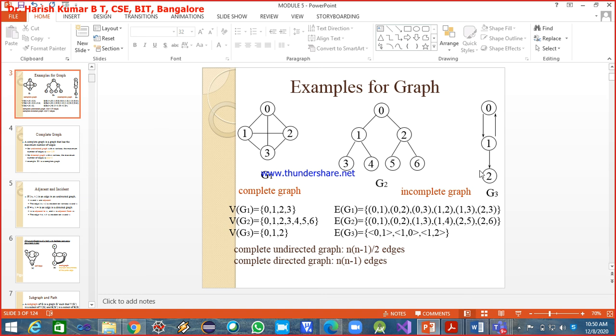For you to say this is a connected graph, between every pair of distinct nodes there has to be a path. So 1 to 2 there is a path, 0 to 1 there is a path, and 0 to 2 there is a path. You can come from 0 to 1, and then from 1 you can go to 2. Connected graph.